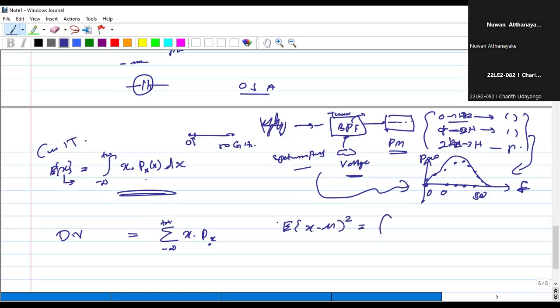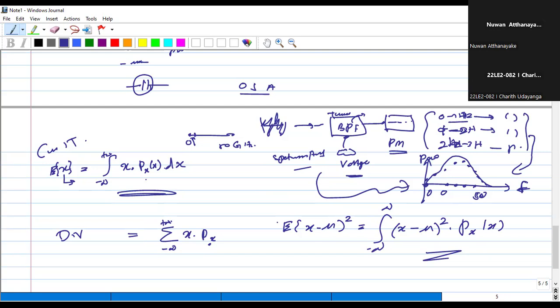This is the variance and it is from minus infinity to plus infinity of (x minus mu) square p(x) dx. So this is the variance actually.